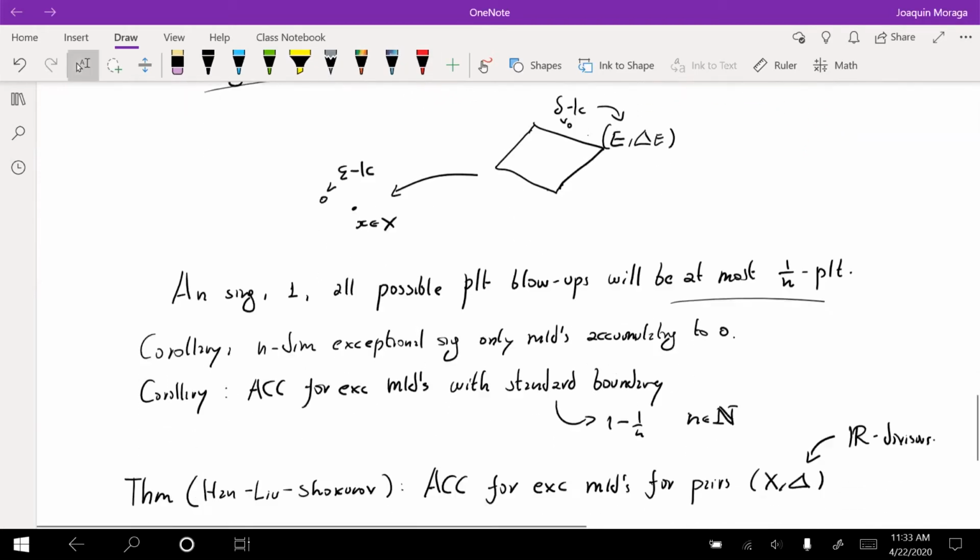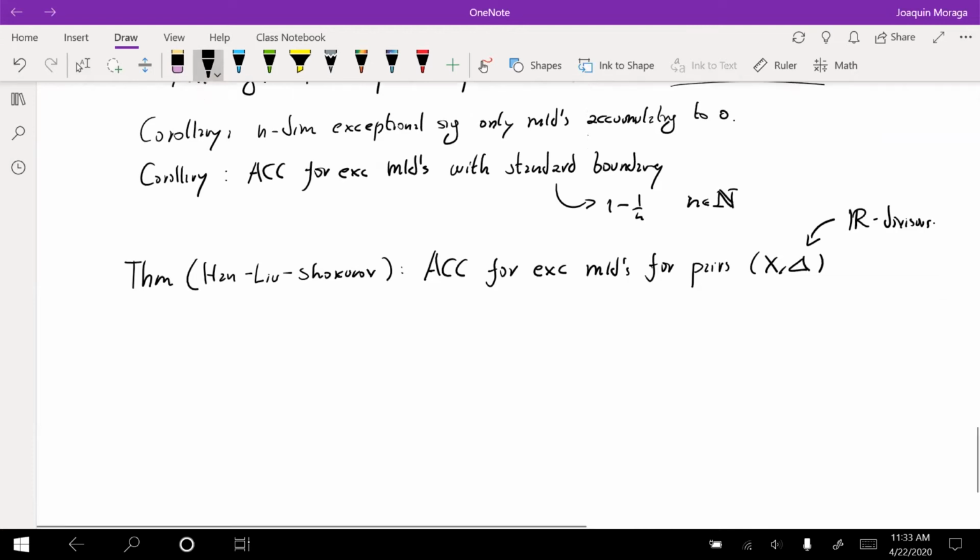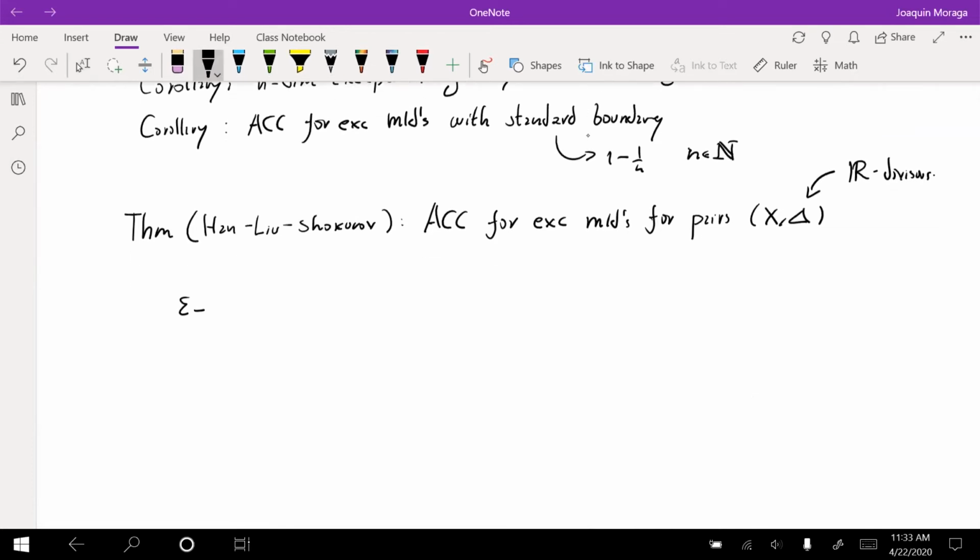And then, in further conversations with these two, Han and Liu, we realized something quite nicer. You have this notion of epsilon log canonical singularities and you have this notion of delta Plt blow-ups. So the natural question is, what can you control if you control both?